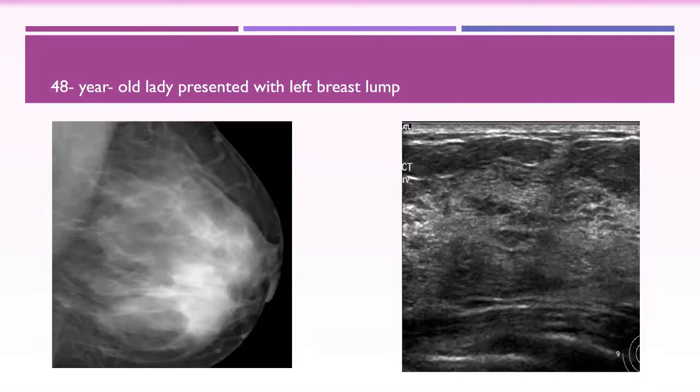What is the name for it? The parenchyma is tenting, it is tenting up and pulling the superficial layer of the superficial fascia.